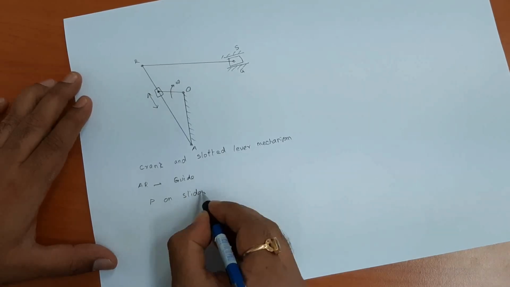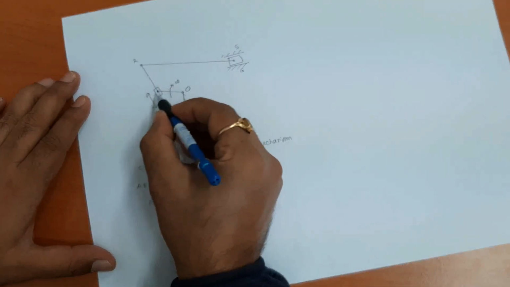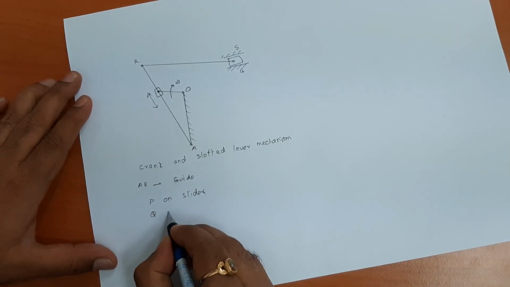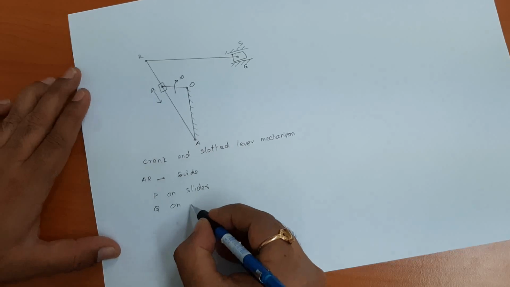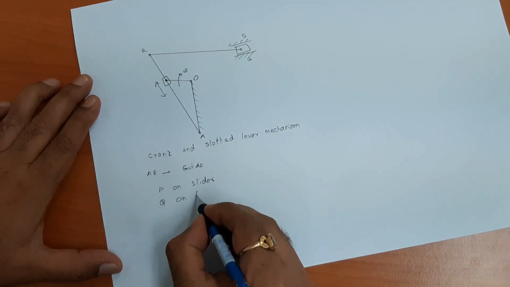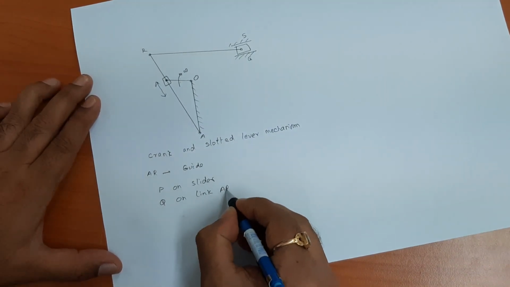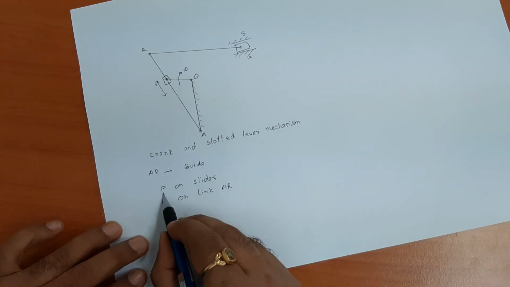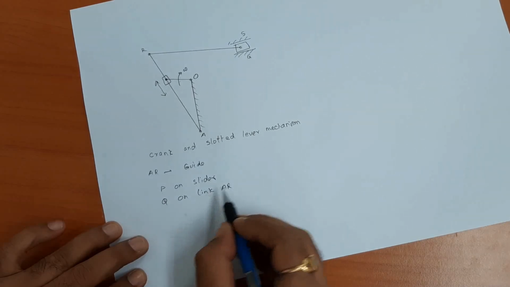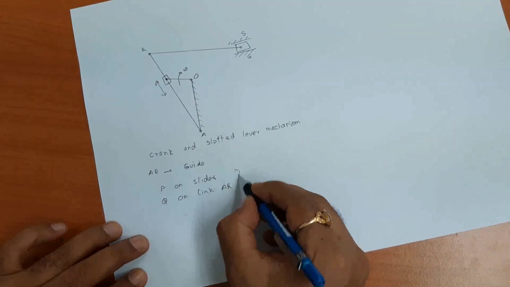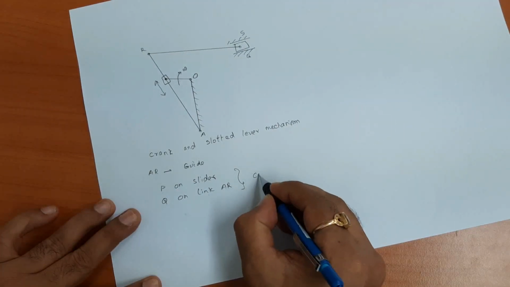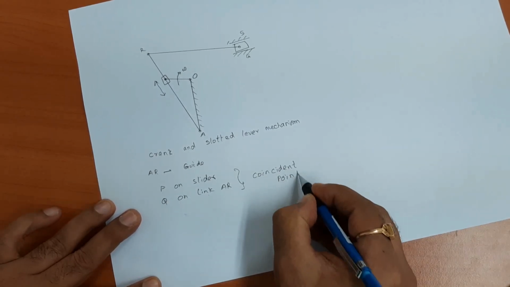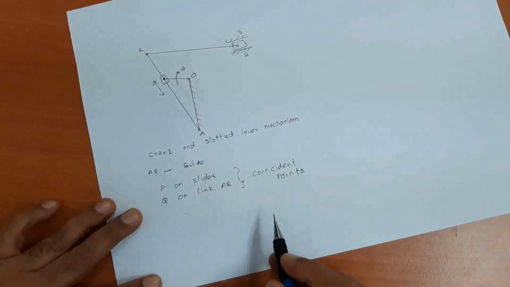P is a point on the slider, and we assume another point Q, which is on link AR. Both P and Q are coincident points.